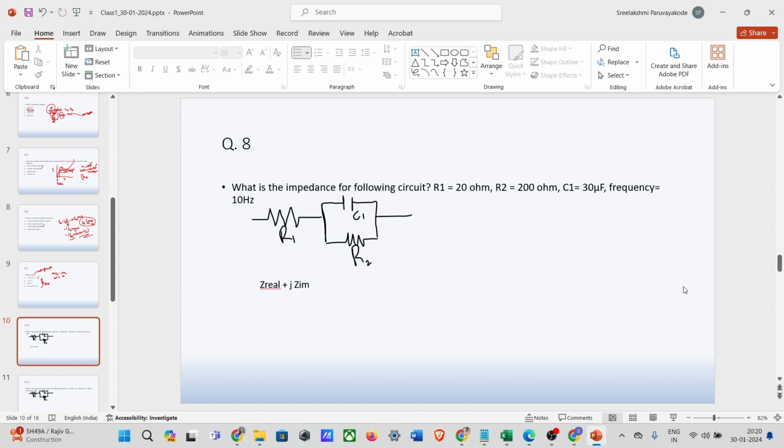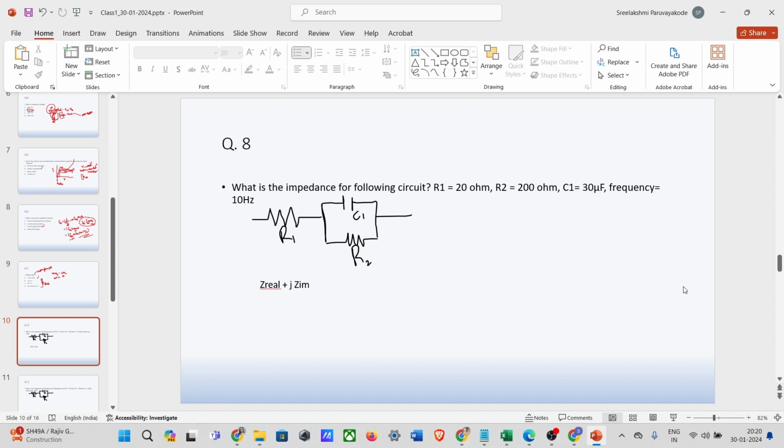Ma'am, as they are in parallel, I have to first find the admittance and I have to find the inverse of it to find the impedance, right? Yeah. Then I can directly add R1 and the net impedance from this. Correct.